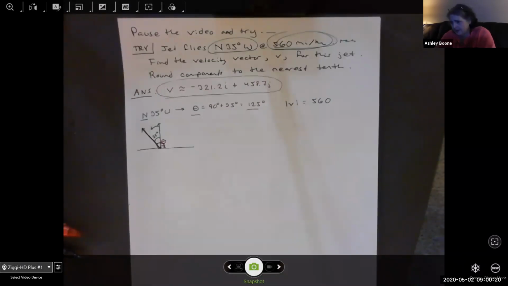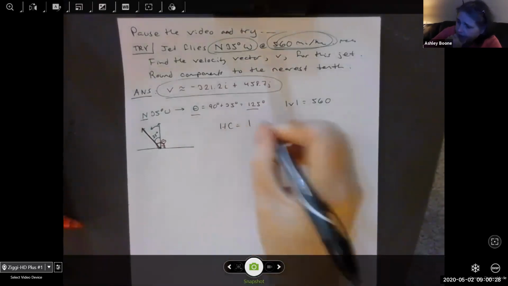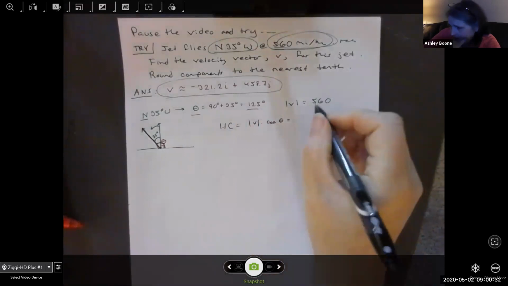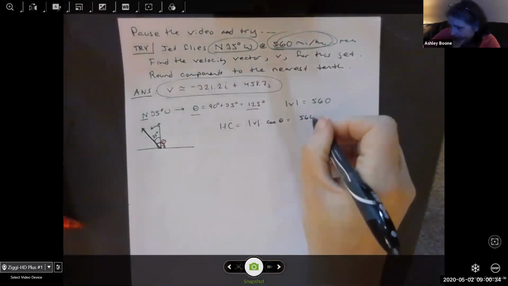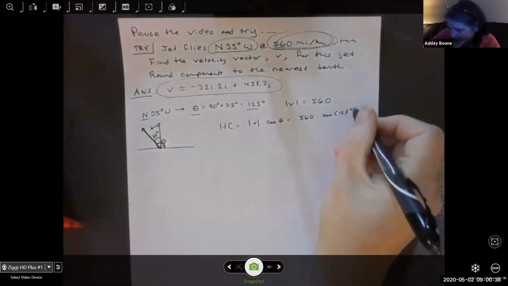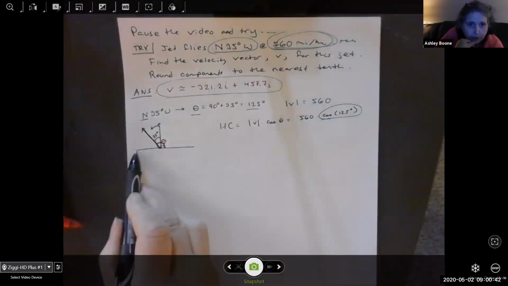So as we go through, we need our components. Our horizontal component is going to be the magnitude of the vector times the cosine of the angle. So that's going to be 560 times the cosine of 125 degrees. Cosine of 125, since we're to the left of the origin, we're going in the back direction, west. This should be a negative number.